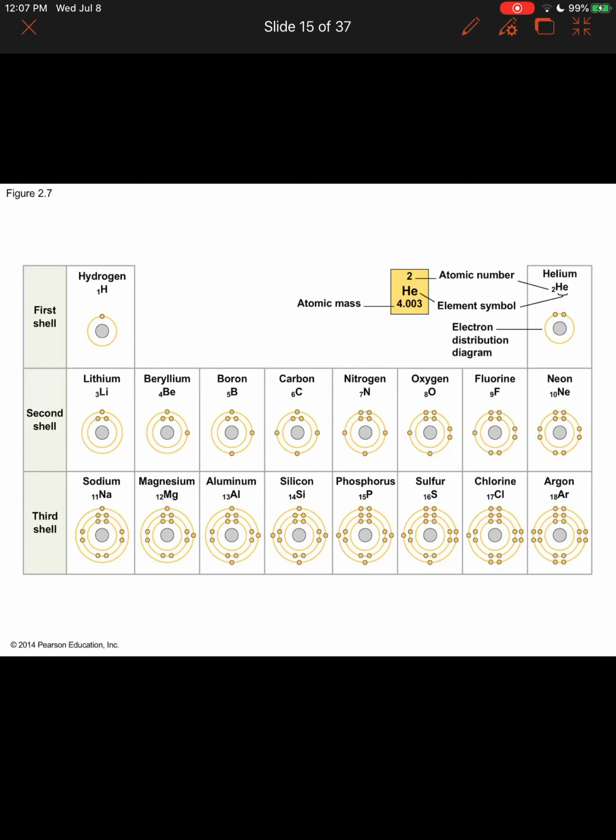Now, you can imagine in your mind's eye that if you had a single electron like hydrogen, it would not have to repel or be repelled by any other electrons. So it could move in sort of a three-dimensional sphere around that nucleus wherever it wants to go. But throw in another electron. Now those two electrons repel each other, so maybe one kind of sets up shop on the right-hand side of the atom, or in one hemisphere, let's say, the other sets up shop on the other hemisphere, and now they're kind of restricted.